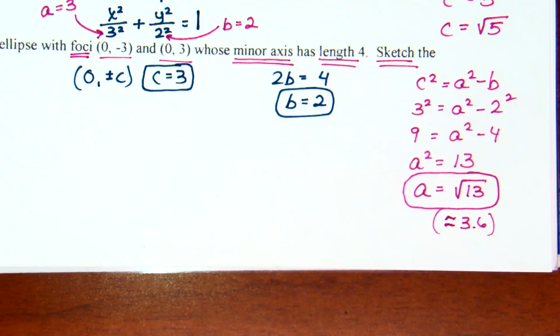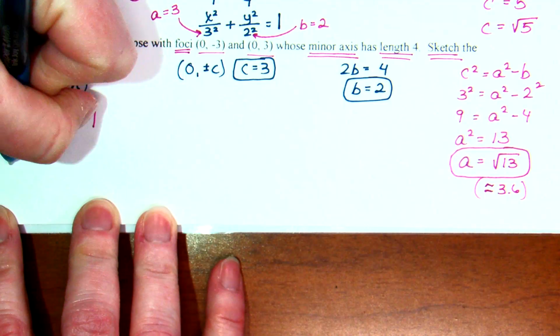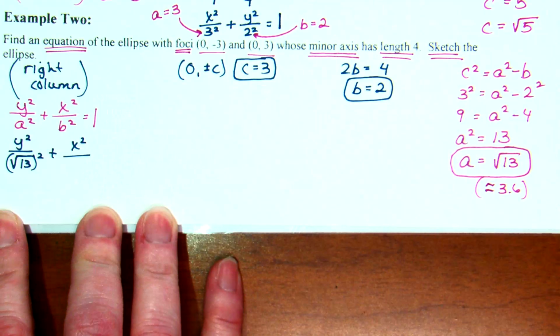Ready to write an equation? Okay. Y squared over A squared. What's A? Square root of 13 squared. Plus X squared over B squared.